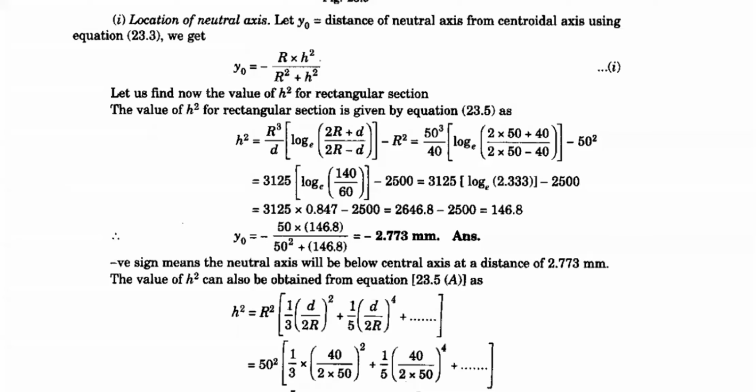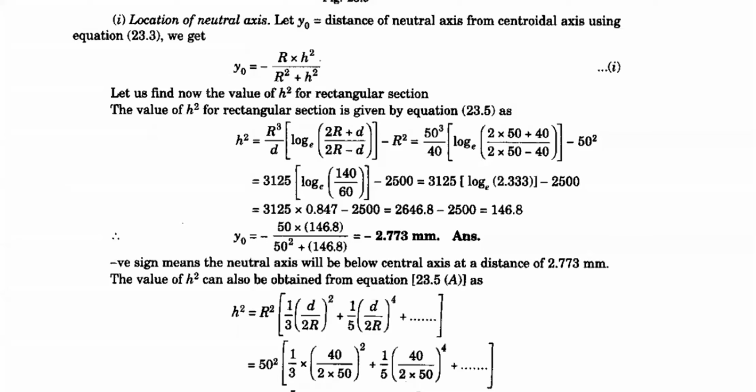So, what is the equation of y naught? y naught equals minus r into h square by r square plus h square. This is the equation, right? Not only for this particular problem, in any problem of a standard cross section, if they ask for the location of the neutral axis, you please remember this equation.